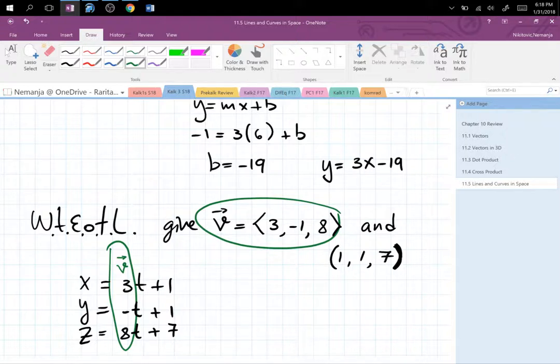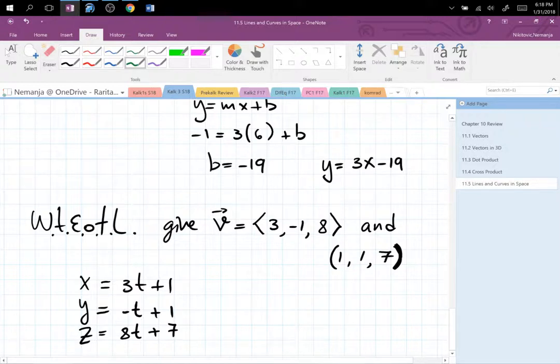And then the next one, where do you get the +1, +1, +7? It's the point through which the line needs to go. Oh crap! Yeah. Good.